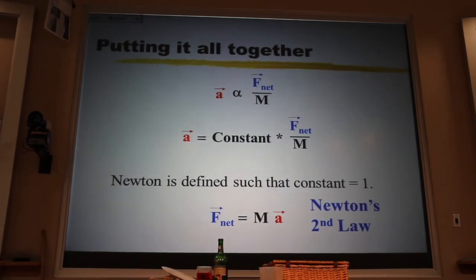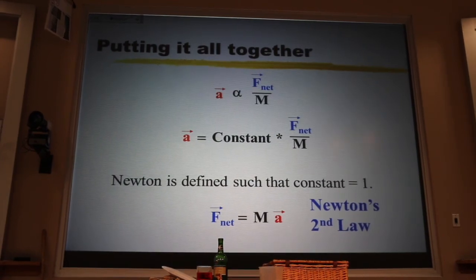Now, the way I would like you to read that is a net force causes a mass to accelerate.